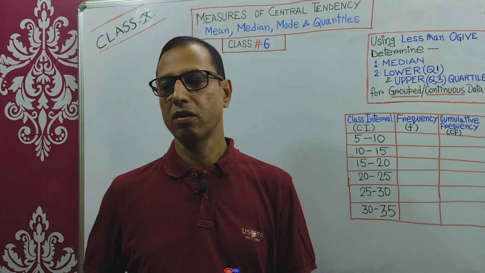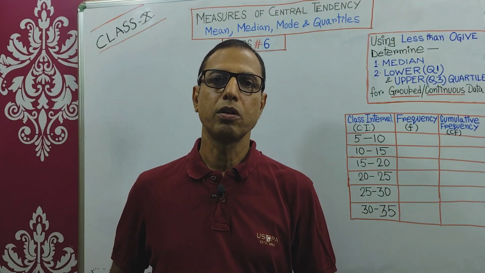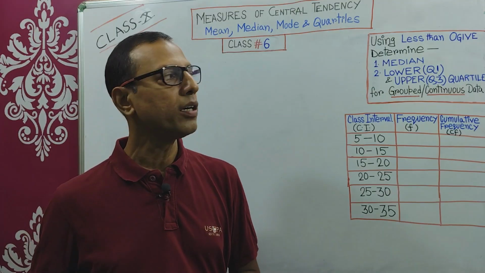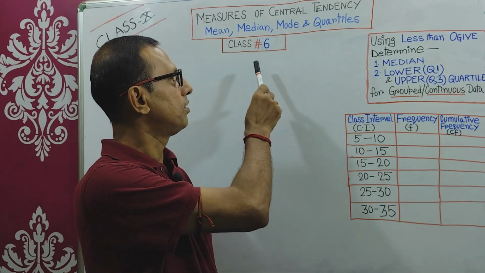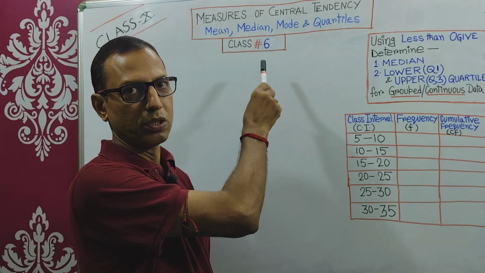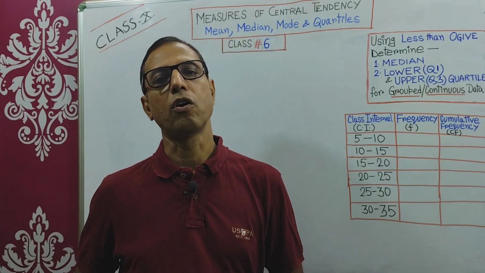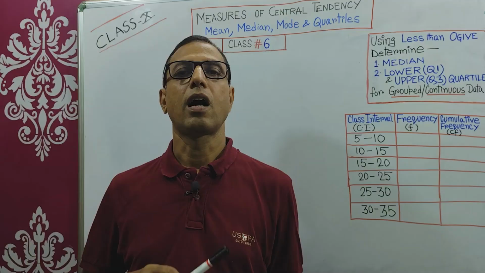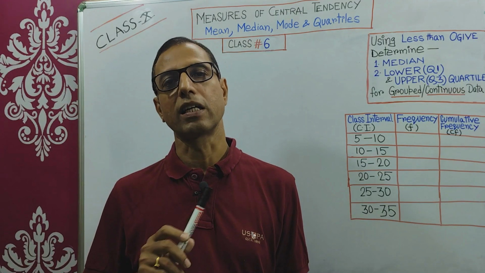Right, in my 4th class itself, I have already covered how to calculate median for group data or continuous data using formula. And in my 5th class, the previous video to this one, I have covered the concept of quartile along with real life example and how to determine quartile for ungrouped data or discontinuous data.